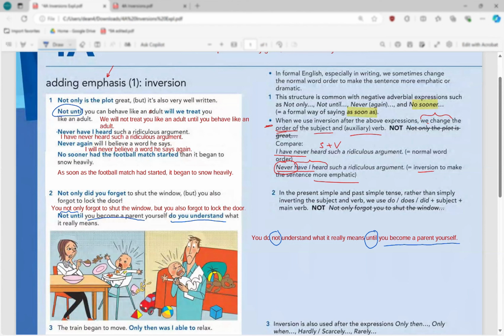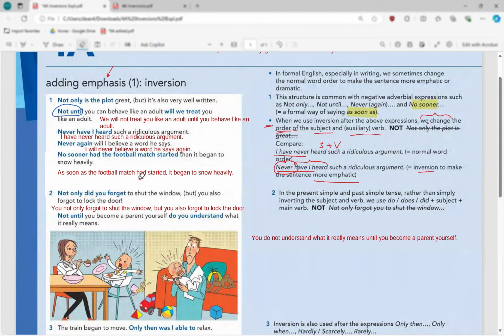And then we use the inversion here. Like, do you understand what it really means? So that is inversion for present simple. Do, does, or did for past simple, we should use the way that we use to form questions. Right, guys? So point 2 is also clear, I believe.